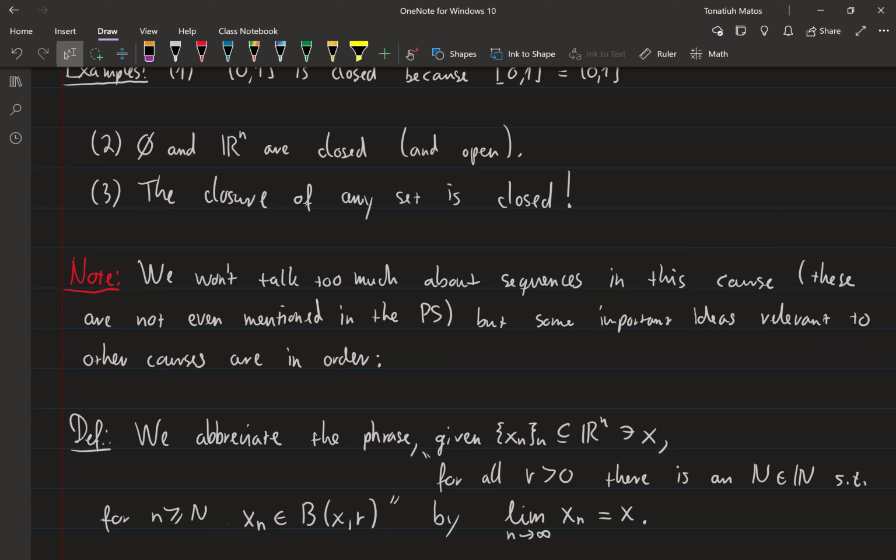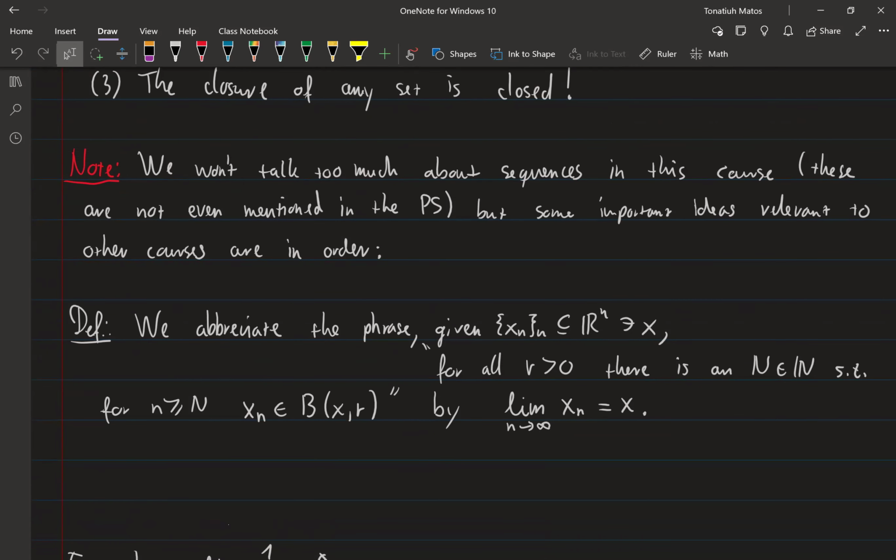Okay, what does it mean for a sequence x_n of real numbers, or let's just say elements, vectors in R^n, to have a limit? And moreover, what does it mean for that limit to be some other point x? It simply means that every time you take a radius around x, let me draw this up.